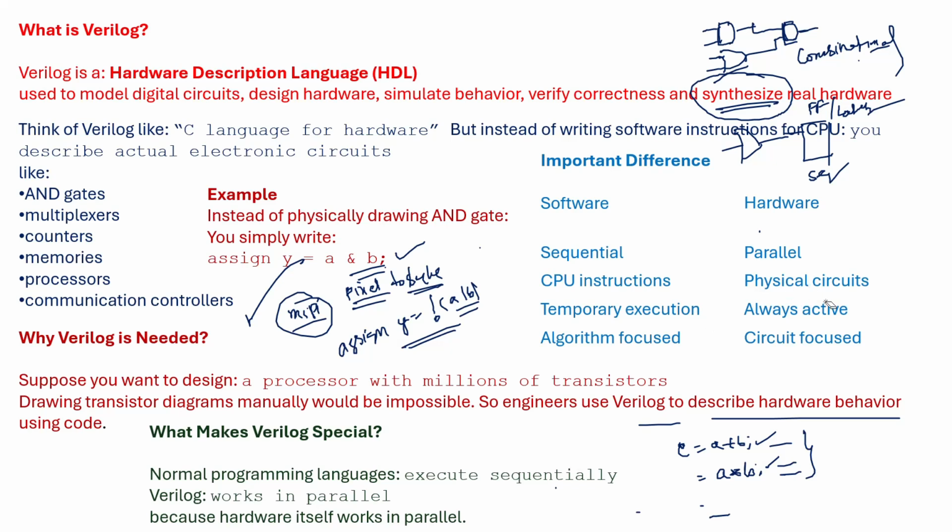Here physical circuits, whatever physical circuits we have, will be the base of your execution. Software has temporary execution, here it is always active. Algorithms are used in software, here circuits will be used. Algorithms means whatever code you have written, it will be implemented algorithmically. Here, whatever circuit we have will be implemented as code. Clear?